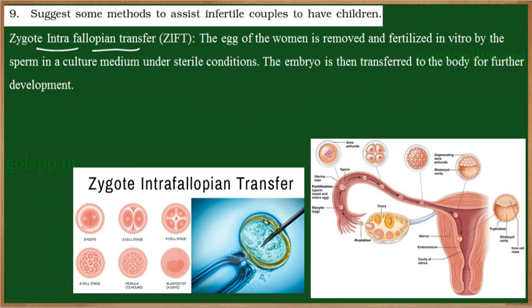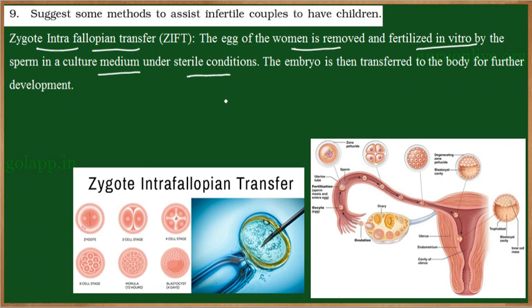Now, zygote intrafallopian transfer. The name itself says zygote. Here the egg from the woman is removed. At the same time the sperm are also collected. The fertilization is done in vitro in a culture medium under sterile condition.